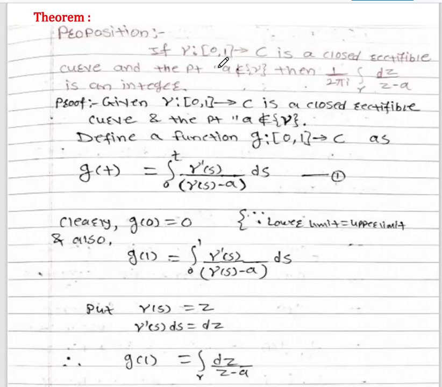It is a closed, rectifiable curve. And the point a does not belong to the curve gamma. Then 1 upon 2 pi i times the integral over gamma of dz upon z minus a is an integer.